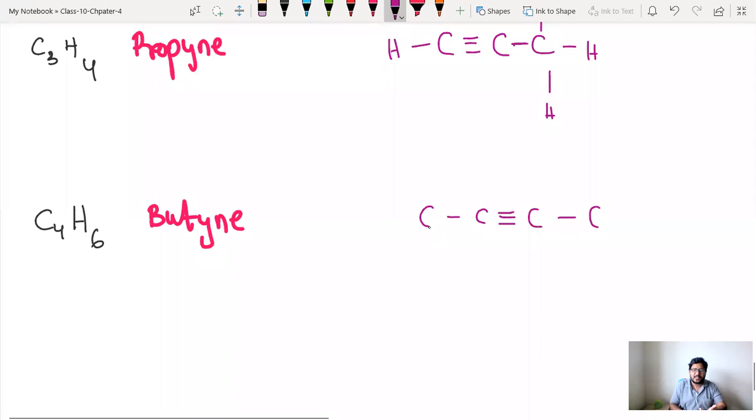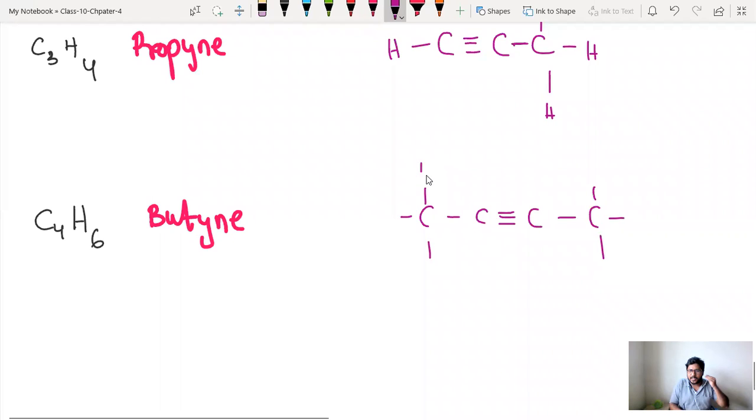Now the valency for the first carbon: only one is there, so 2, 3, 4. For the second carbon, one on the left hand side, 3 on the right hand side, 1 plus 3 is 4, satisfied. For the third carbon, 3 on the left hand side, 1 on the right hand side, 3 plus 1 is 4, satisfied, no need to represent. For the last carbon, only one is represented, so 2, 3, 4.